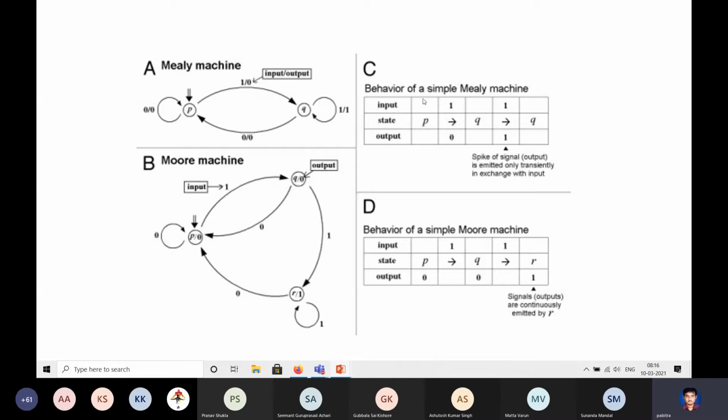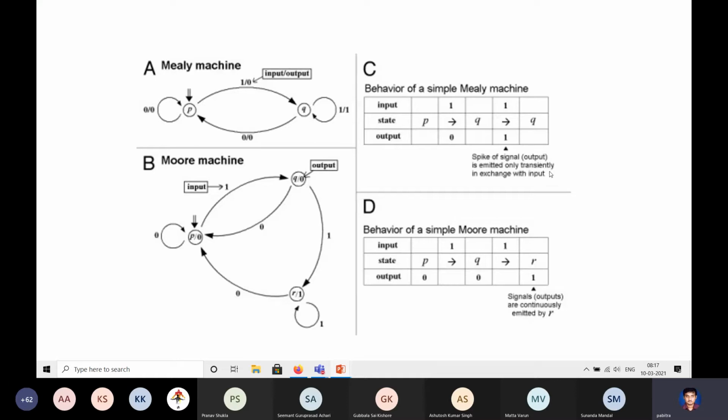So let's look at this. I am drawing not a state transition diagram, but basically a sequence of events that are happening. Imagine each of these columns as certain events, which in a synchronous case will happen at the clock.